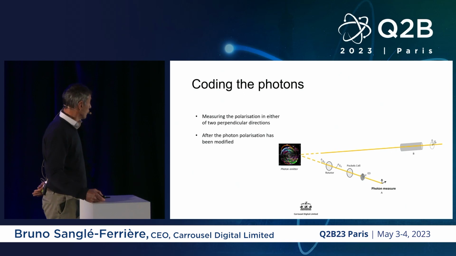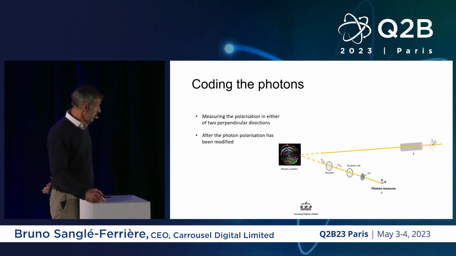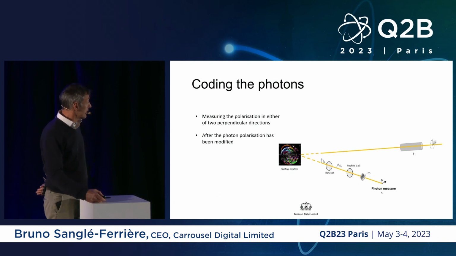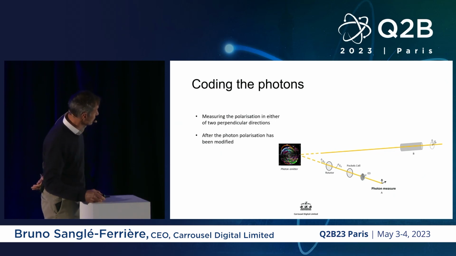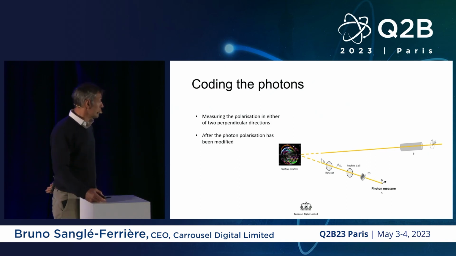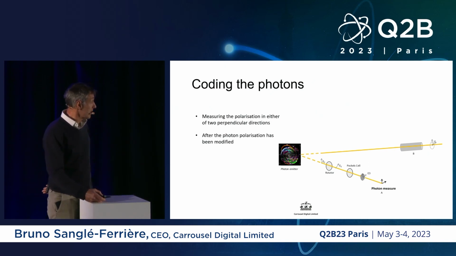We go to a rotator that will rotate it by the theta angle, and then we get it to go through a Pockels cell that will create the ellipticity. And therefore, you will see E3, the photon in an ellipsoid phase, which will then be measured according to two perpendicular directions. You see just above A, the photon measure.